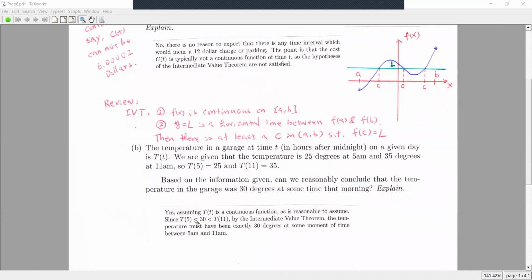The horizontal line 30 is between the function value at the left endpoint 5 and the function value at the right endpoint 11. So by the intermediate value theorem, between 5 and 11, it is guaranteed that there is a point c, a time c, where the temperature is exactly 30 degrees.